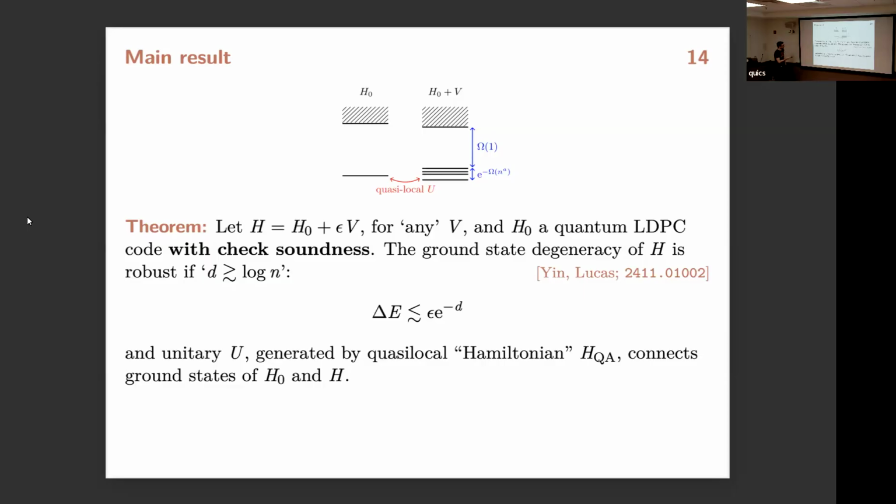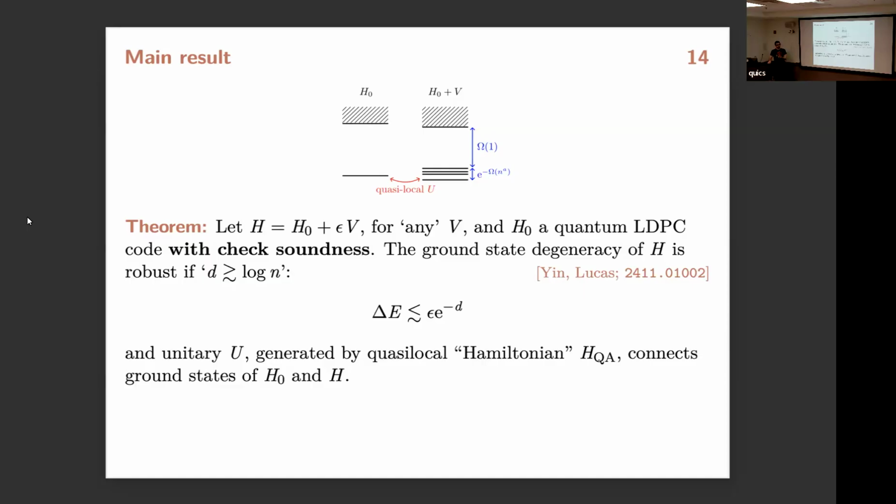Yes, and this unitary U is quasi-local. So this has all the same bells and whistles that we wanted to say that, for example, the surface code was a stable phase under perturbations. It turns out that all quantum LDPC codes with check soundness will also inherit this property, as long as they're not constant distance.